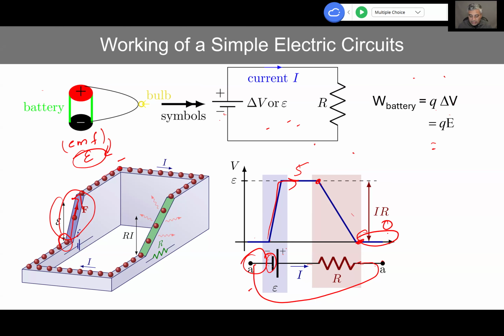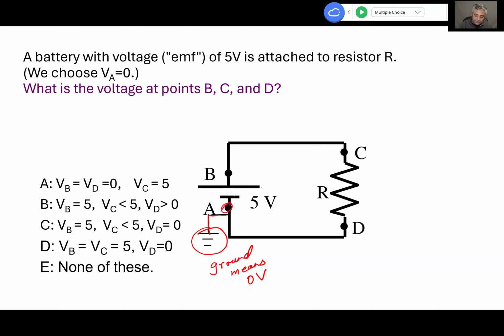So same idea here, we have 0 here, and then once the battery does the work, it has now higher potential, so 5 volt here, and here there is negligible resistance, which means it does not lose any voltage, or there is no voltage drop. So everywhere in this part, there is 5 volt.